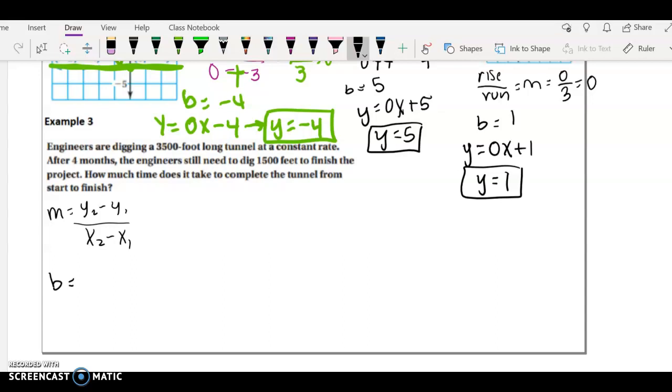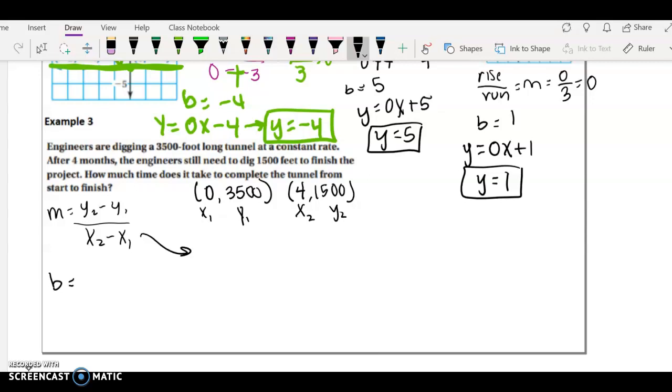So our point is 0 months, we still have 3,500 feet to go. Our second point is at 4 months, we have 1,500 feet to go. So now we have 2 points. We can label them x1, y1, x2, y2, and we can plug them into that slope equation.